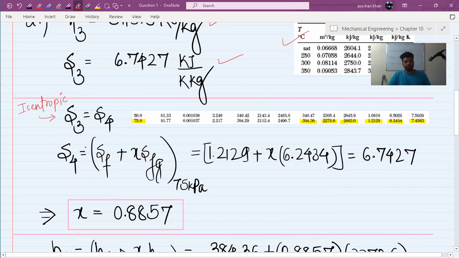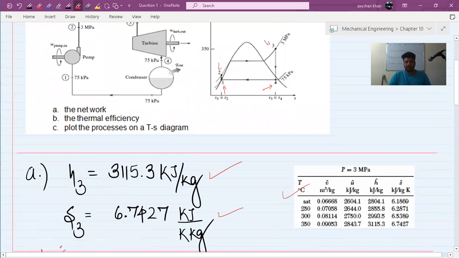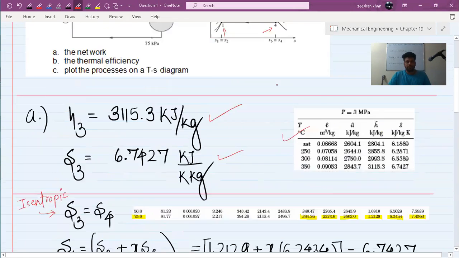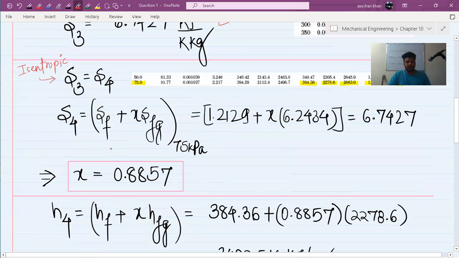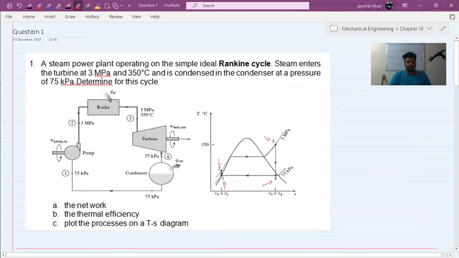So if S3 is equal to S4, at the fourth state you can see it's a wet state. If it's a wet state, you can calculate the entropy at this state using Sf plus x Sfg at 75 kilopascals, because 75 kilopascals is the condenser pressure.